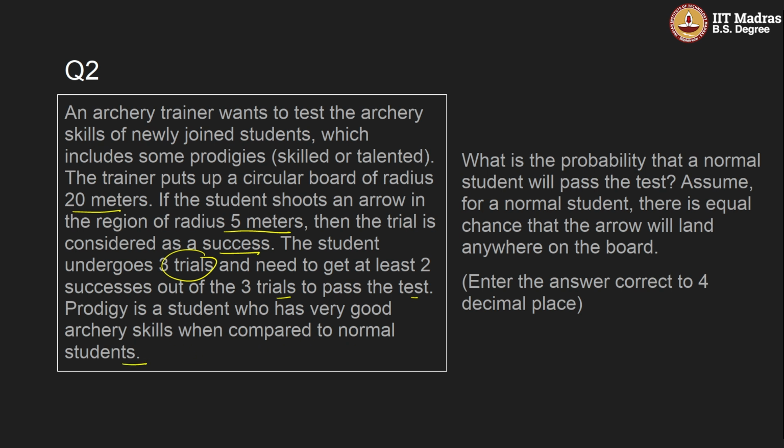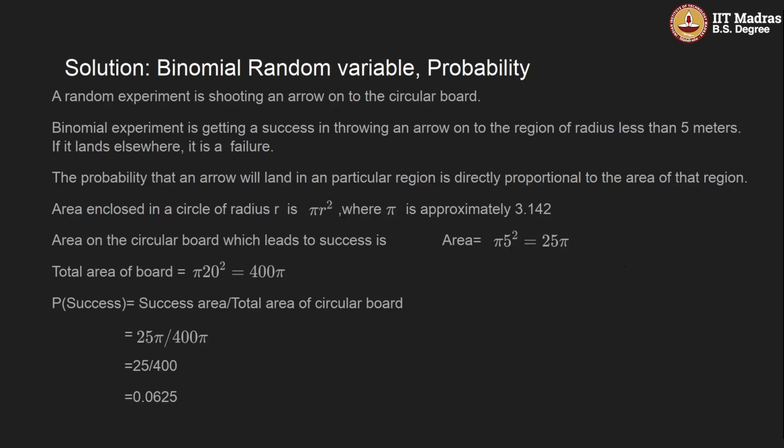Now what is our question? What is the probability that a normal student will pass the test? Assume for a normal student there is equal chance that the arrow will land anywhere on the board. So how will we solve this question? Our random experiment is shooting an arrow onto the circular board.